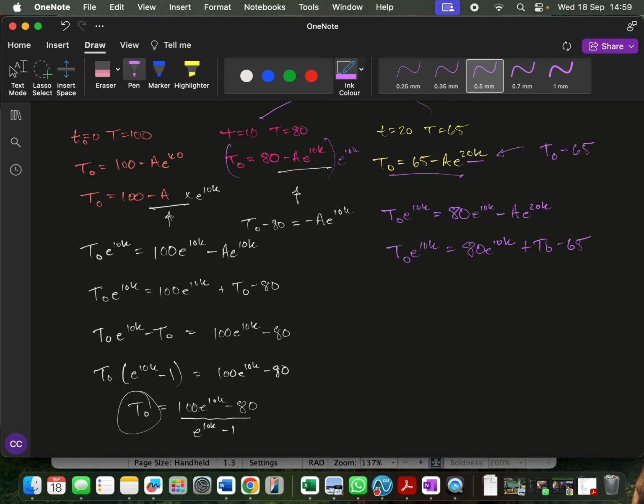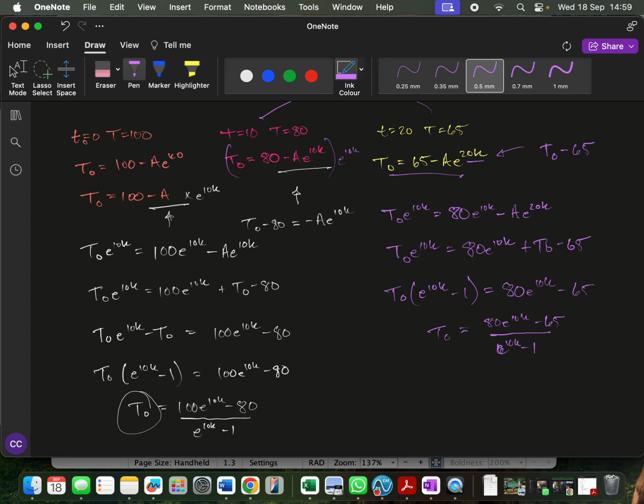Doing those solutions again, same exact process, T0 e to the 10K minus 1 is the same as 80 e to the 10K minus 65. My initial temp is 80 e to the 10K minus 65 all over e to the 10K minus 1.